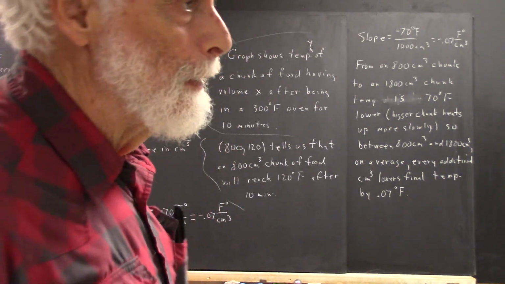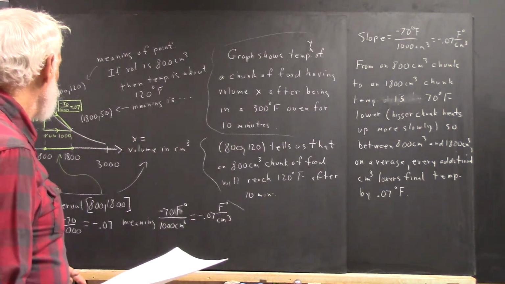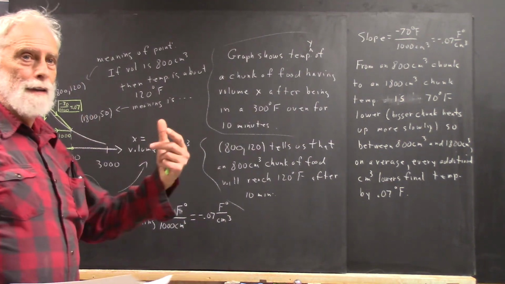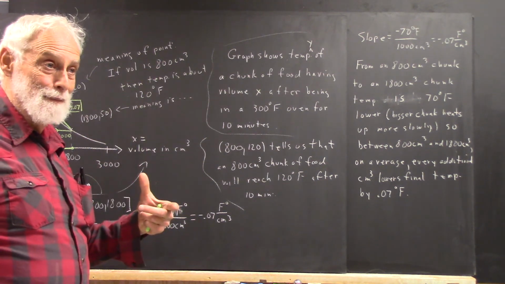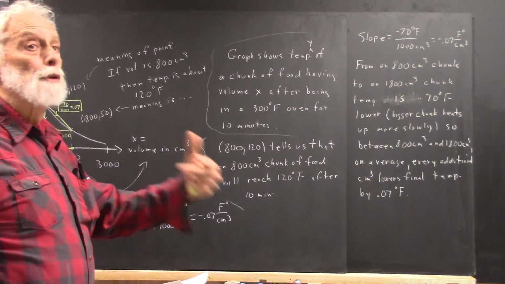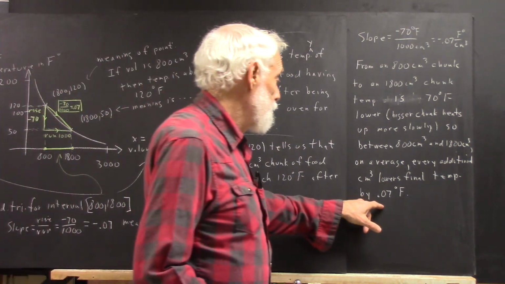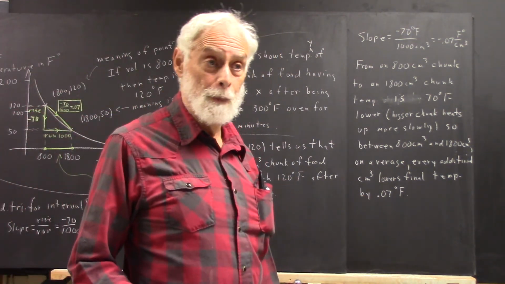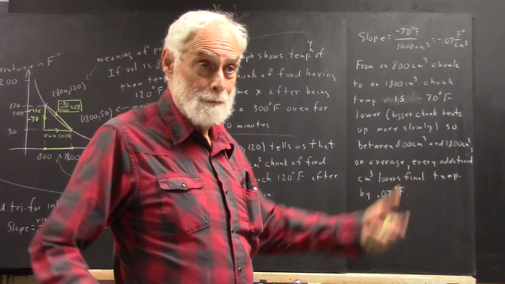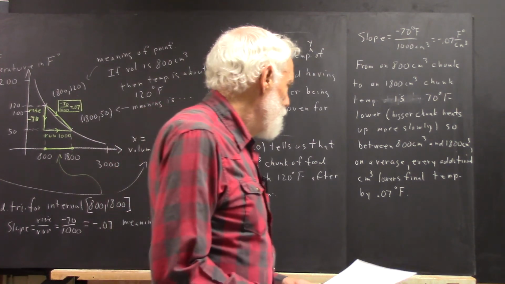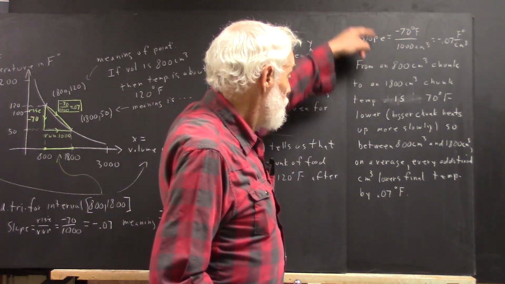For example, if I wanted to estimate what an 1100 cubic centimeter chunk would end up at, that's an extra 300 cubic centimeters. I multiply that by the negative 0.07 Fahrenheit per cubic centimeter, and I get that it's going to be 21 degrees lower.